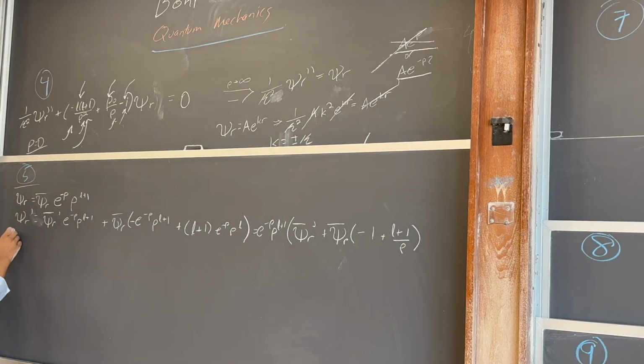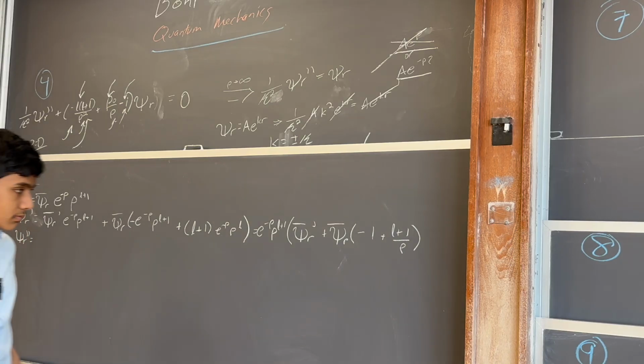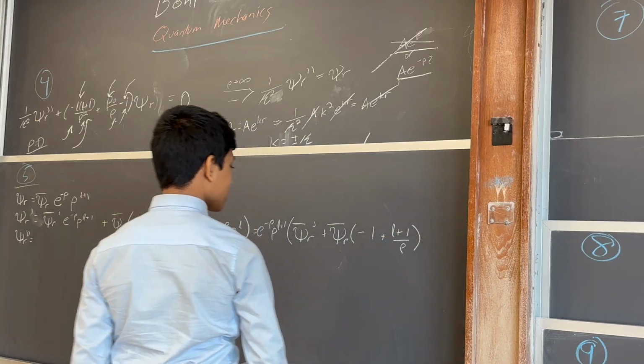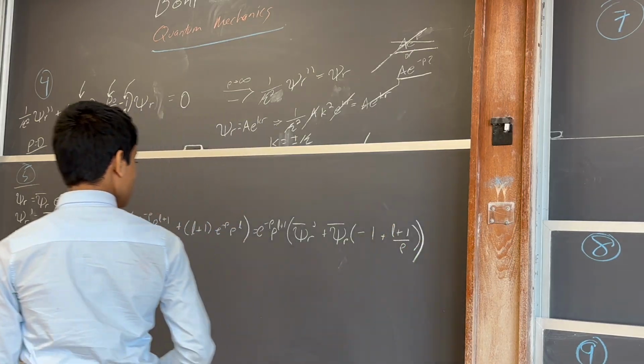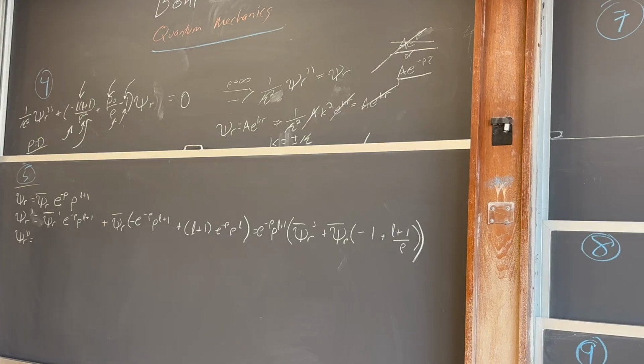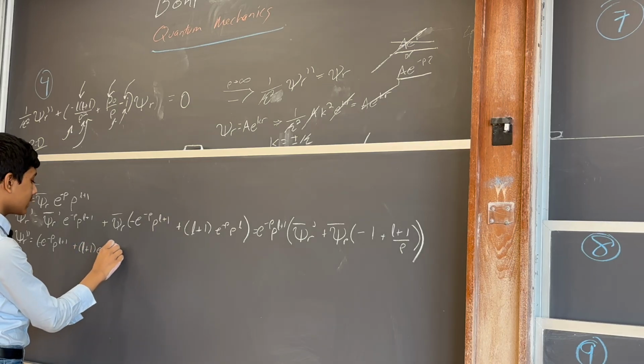Now, when you take the second derivative, well, with this form, you now use the product rule again. The derivative of e to the minus rho rho to the l plus 1 is minus e to the minus rho rho to the l plus 1, plus l plus 1 e to the minus rho rho to the l.